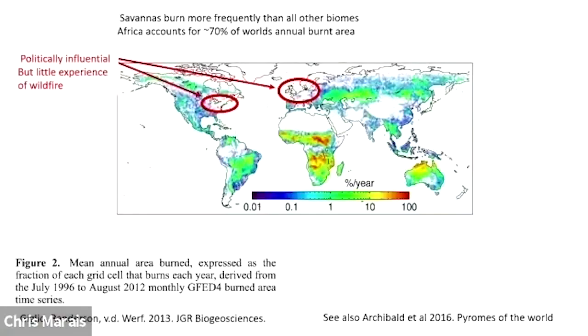They have no cultural experience of wildfire. And their attitudes, naturally enough, are imposed on the rest of the world, and in my view, mistakenly, which is one reason why I thought it's important to give you a sense of climate and ecosystem distribution from an African perspective, and not one superimposed from Europe.